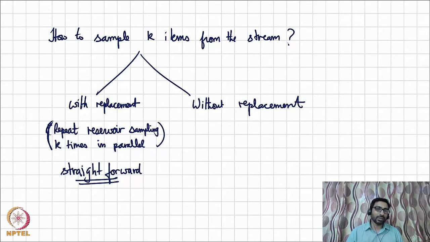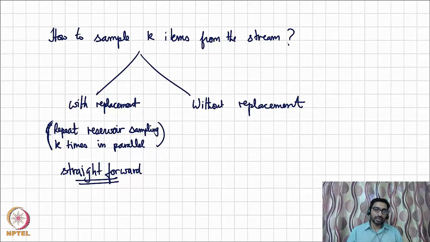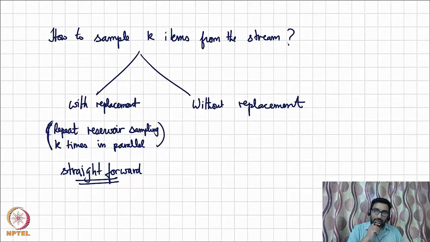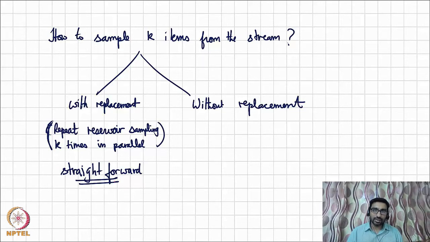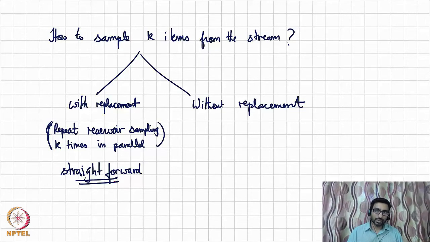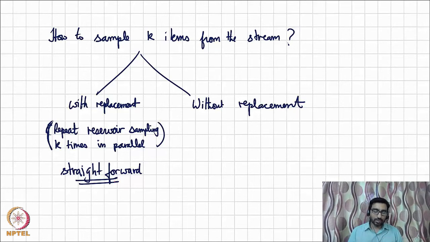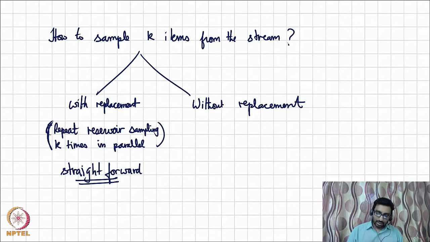That subset should be picked with equal likelihood as any one of the n choose k possible such k item subsets. So how do we do that? Well, here we again rely on the previous intuition from reservoir sampling. We just need to be a little bit more careful. This is quite intuitive. Here's how we do this.